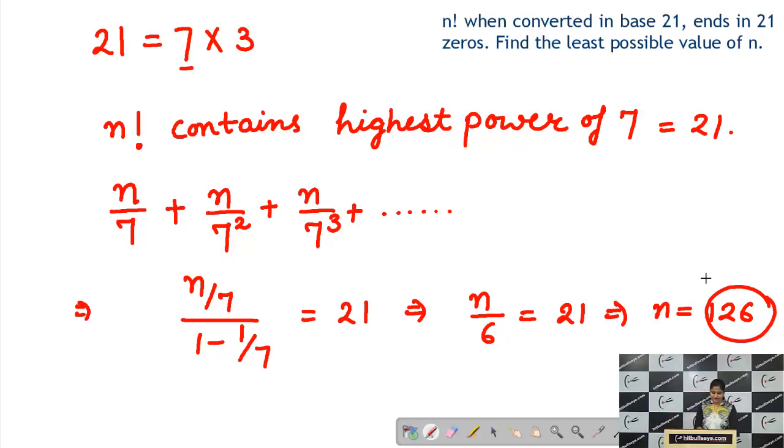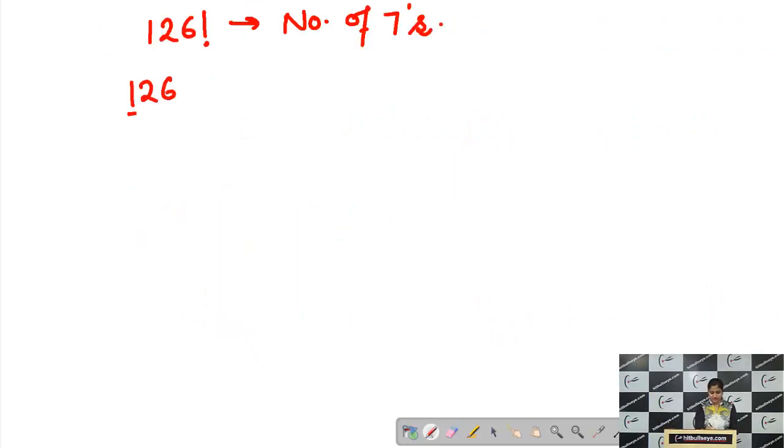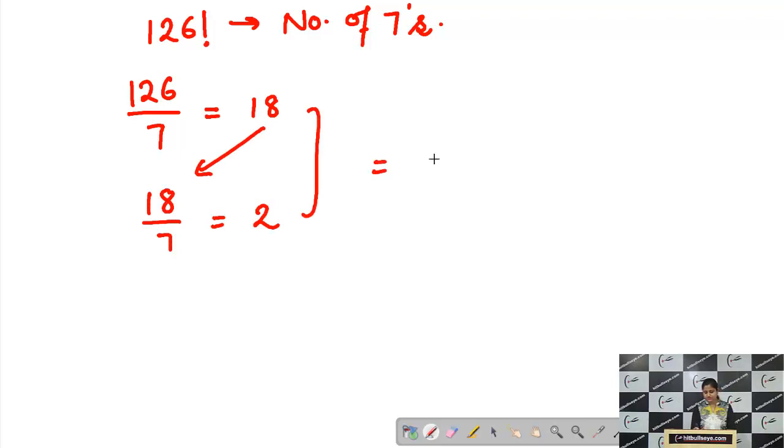If we calculate the number of 7s in 126 factorial, we'll again use successive division. We'll take 126 by 7, which comes out to be 18. Then we will take 18 by 7, which comes out to be 2. So in total, what is the highest power of 7 in 126 factorial? That is 20. But we need 21 sevens.